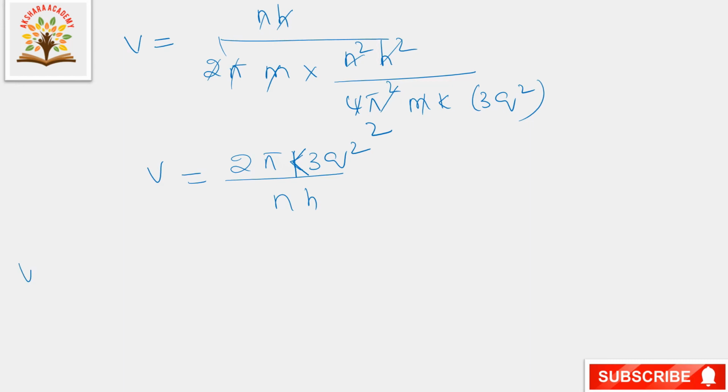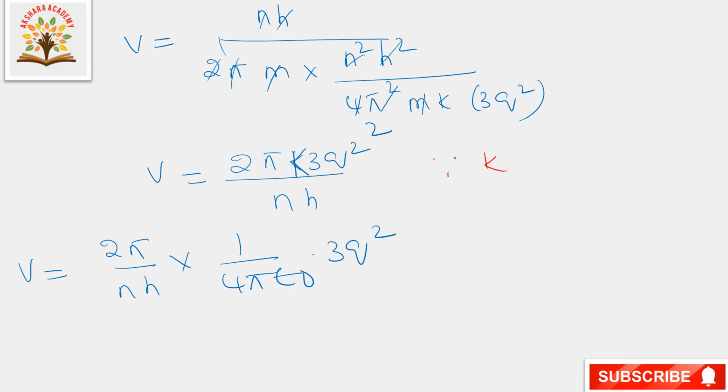So, V is equal to 2 pi by nh into 1 by 4 pi epsilon naught into 3q square, since k is equal to 1 by 4 pi epsilon naught.